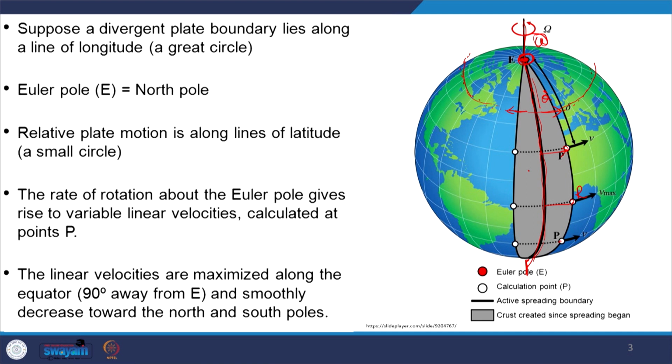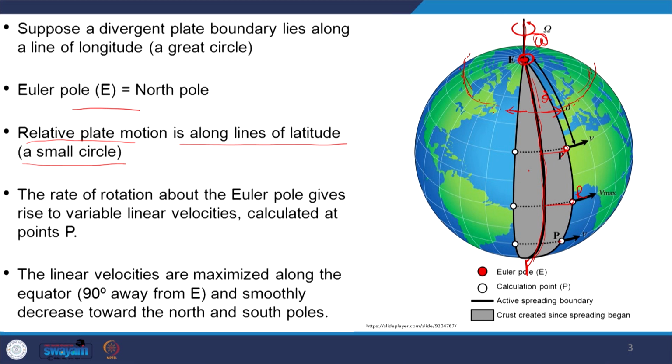Now, Euler's pole, suppose it is the north pole. For your convenience it is just told that this Euler's pole is your north pole, but it has nothing to do with Earth's rotational axis or Earth's pole. Now, relative plate motion along these lines of latitude, these are the small circles that we have discussed here.